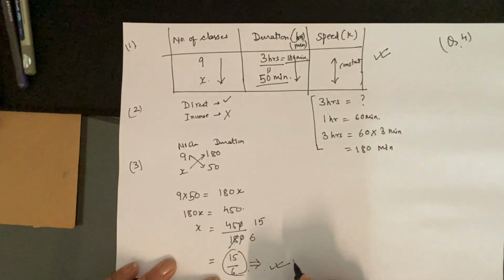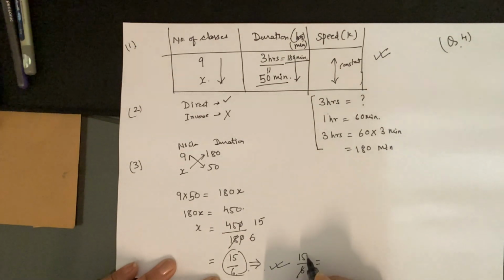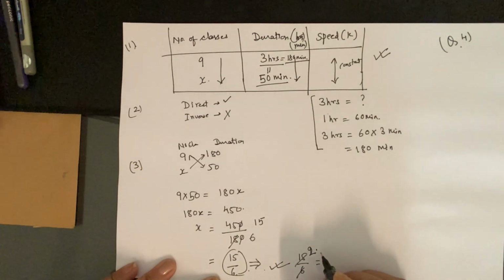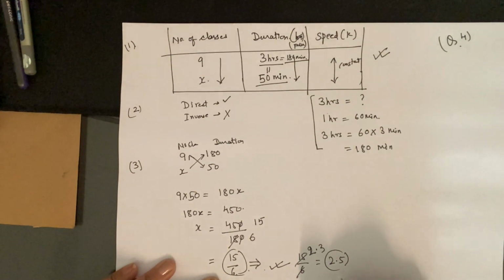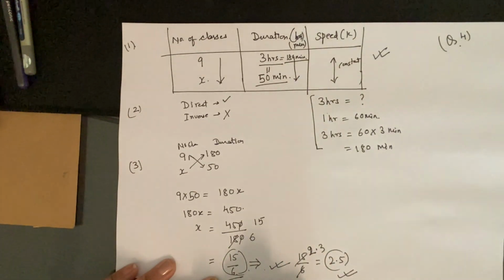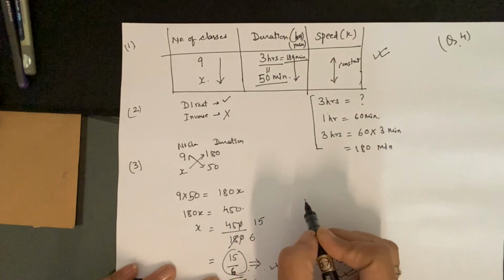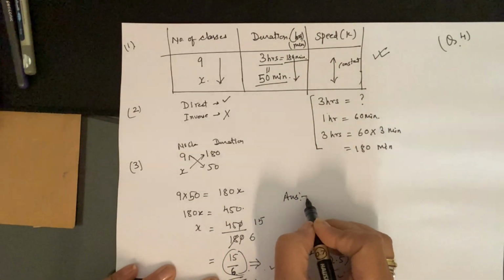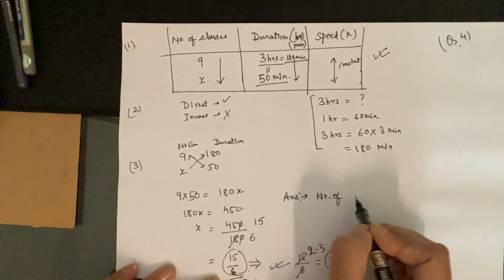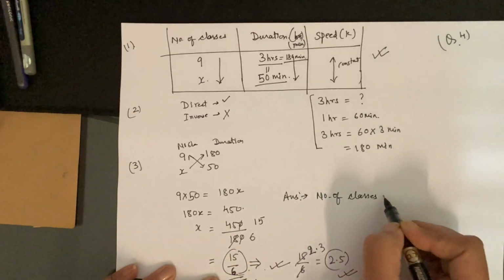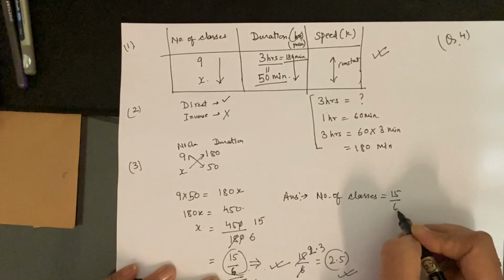If you want to solve it further, 15 by 6 is equal to, 6 ones are 6, 6 twos are 12, and around 2.5 classes will be your answer, but your accurate answer will be this. So if this type of question is given, then you will write the answer as the number of classes will be 15 divided by 6.